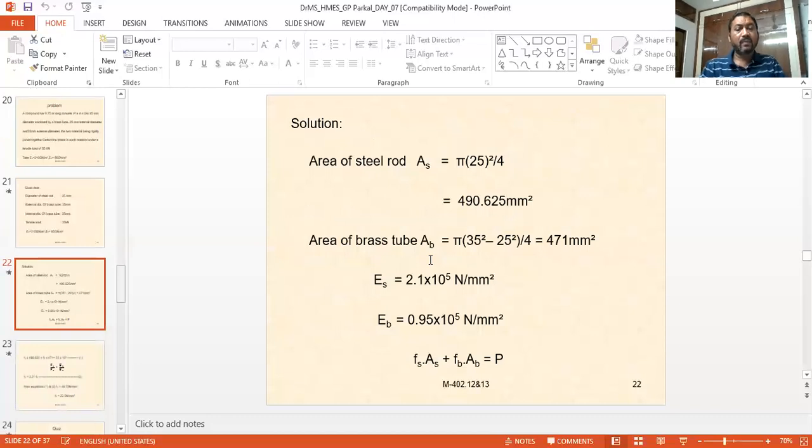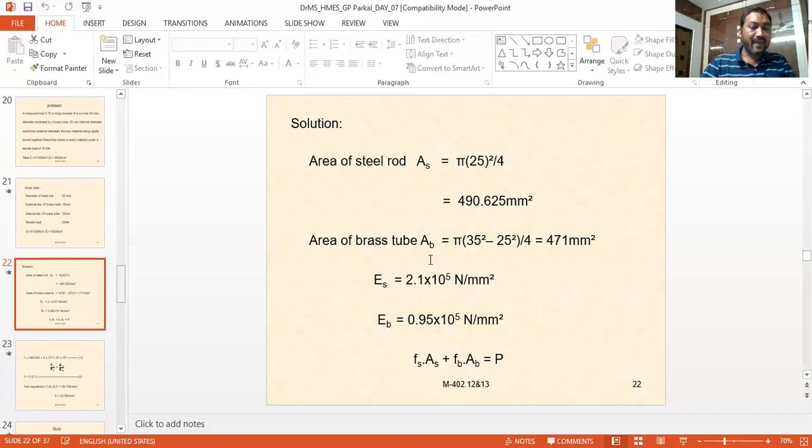Now first of all we have to find the areas. The area of the steel rod, As, is equal to pi by 4 into 25 squared, because it is a rod of 25 mm diameter. So it comes to 490.625 square millimeters.